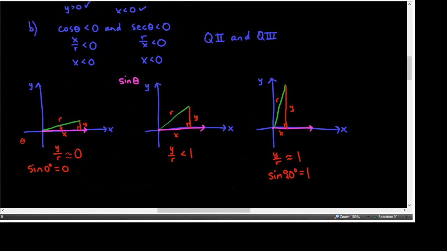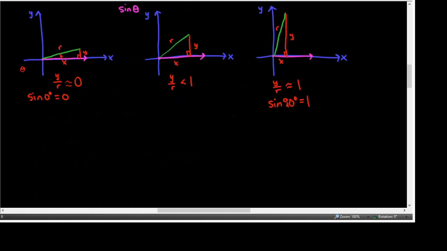And we can have other fractions between 0 and 1, and that would make sense, right? Okay. Now, what if we're in a quadrant where y can be negative? By the way, this same argument would be this exact same idea in Quadrant 2.